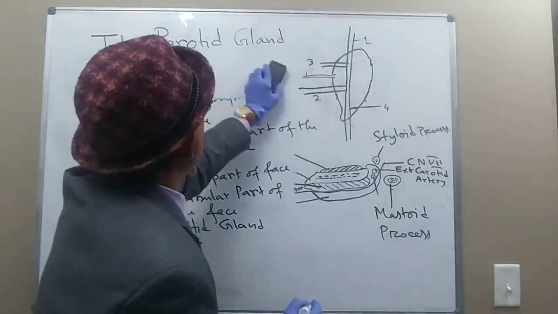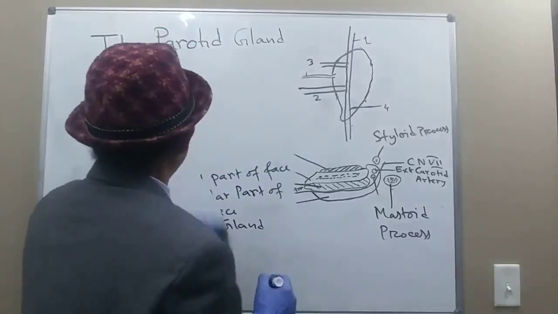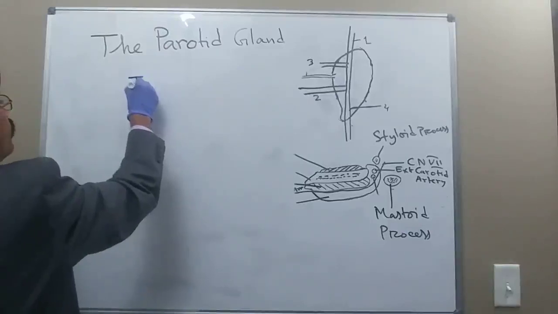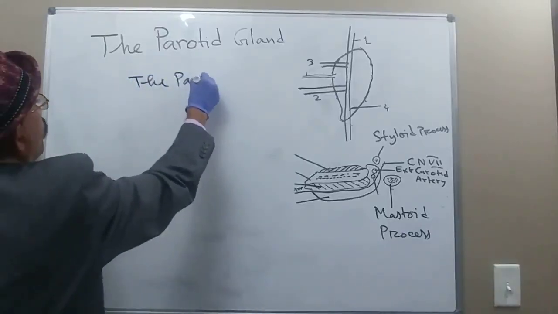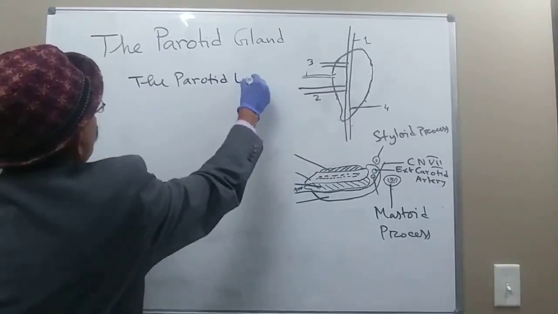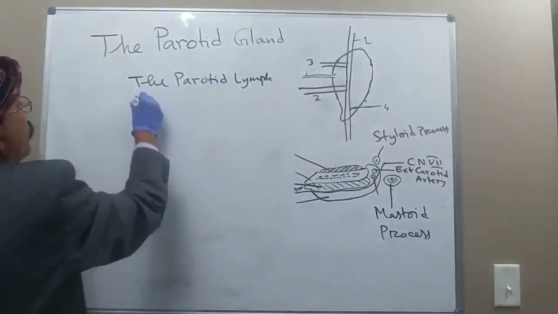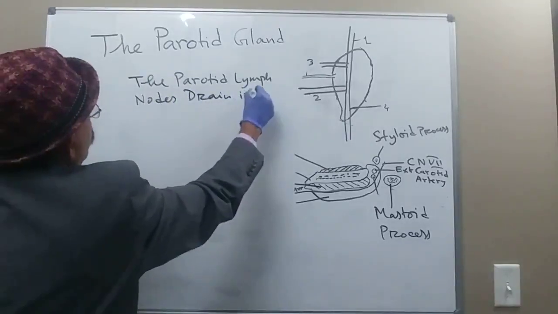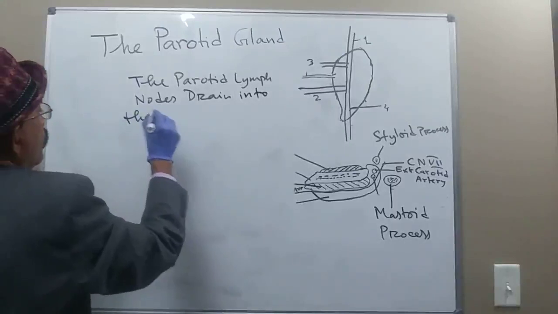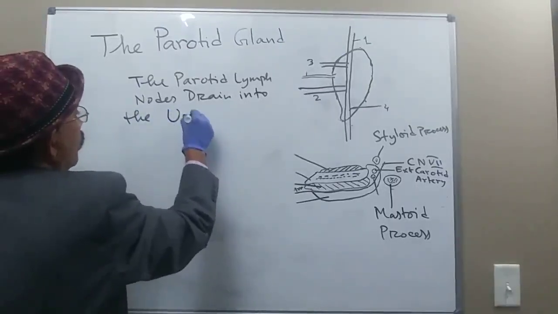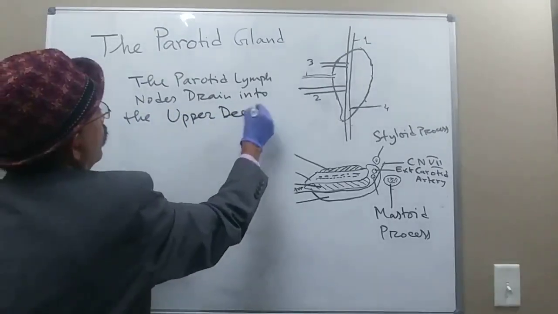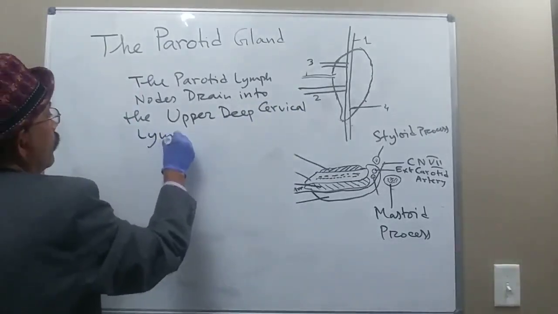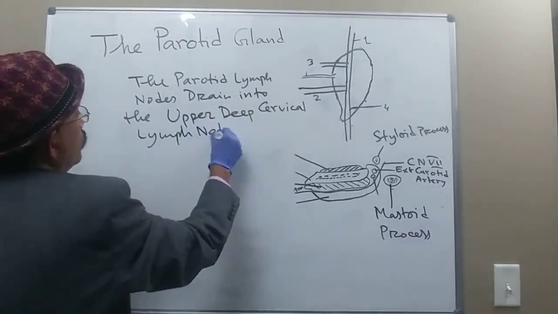Okay, so where the parotid lymph nodes drain, into the upper deep cervical lymph nodes. The parotid lymph nodes drain into the upper deep cervical lymph nodes.